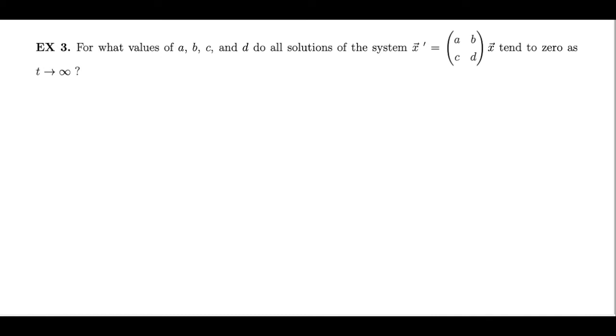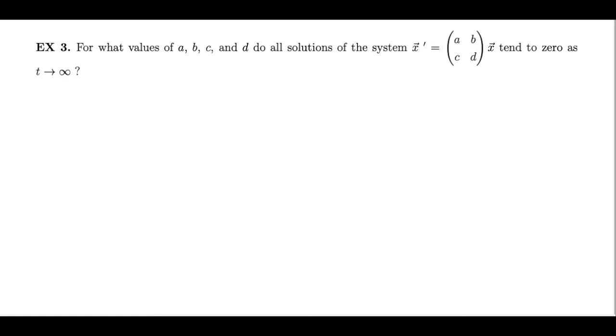This is similar to problems that we've seen previously, particularly in chapter 3, and basically it's asking what has to be true about this coefficient matrix in order for all of my solutions to go to 0, and I'll need to consider the three different possible cases for eigenvalues that could potentially result from this coefficient matrix.